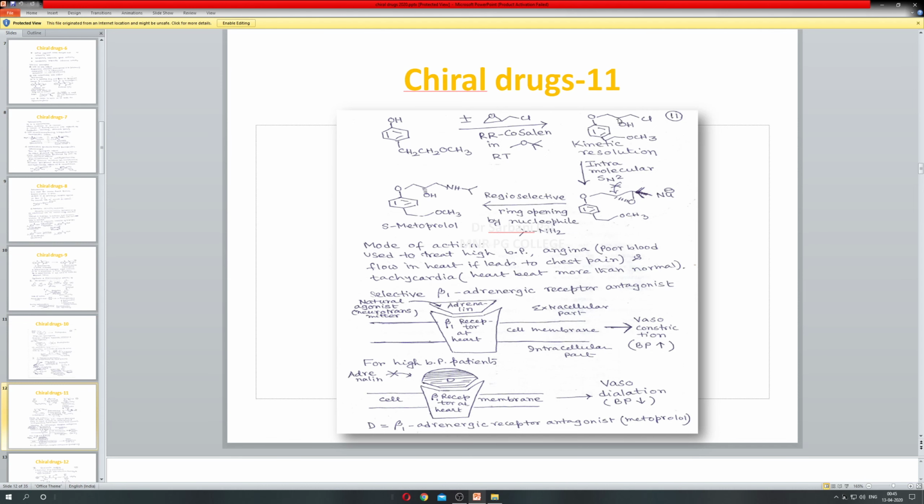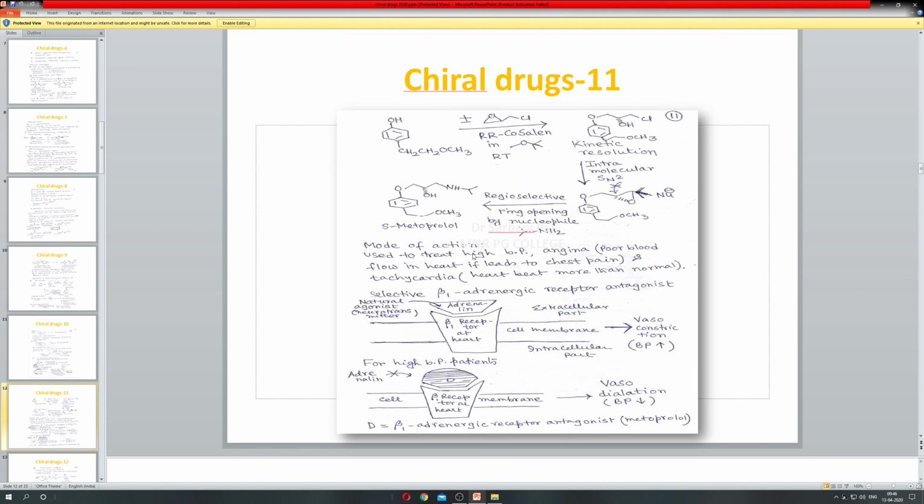Now this molecule will undergo intramolecular SN2 attack, chloride will go as a good leaving group, and we get the epoxide ring. This epoxide ring again opens by attack of the nucleophile, isopropylamine, at the unsubstituted position, and we end up with the eutomer, Metoprolol.